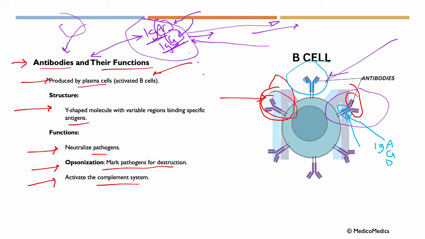And each antibody has 2 heavy chains and 2 light chains, and they are held together by disulfide bonds. So from the point of view of anatomy, remember, variable region, the tip, constant region, the stem.